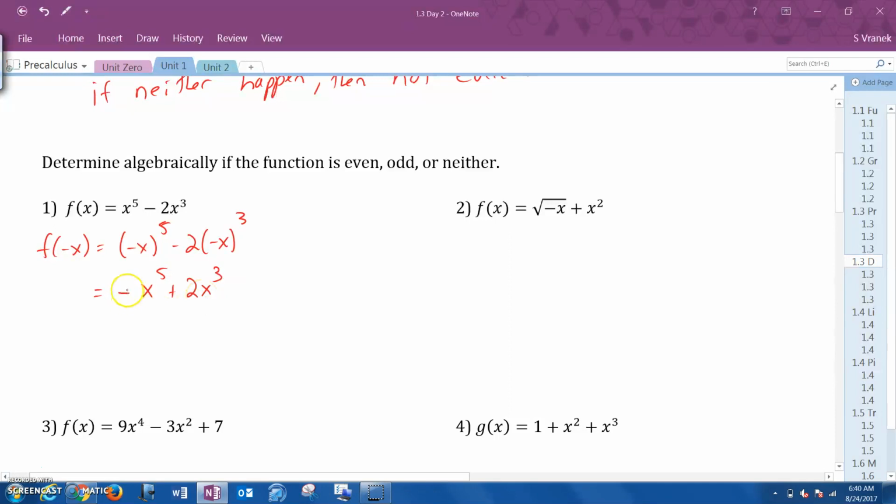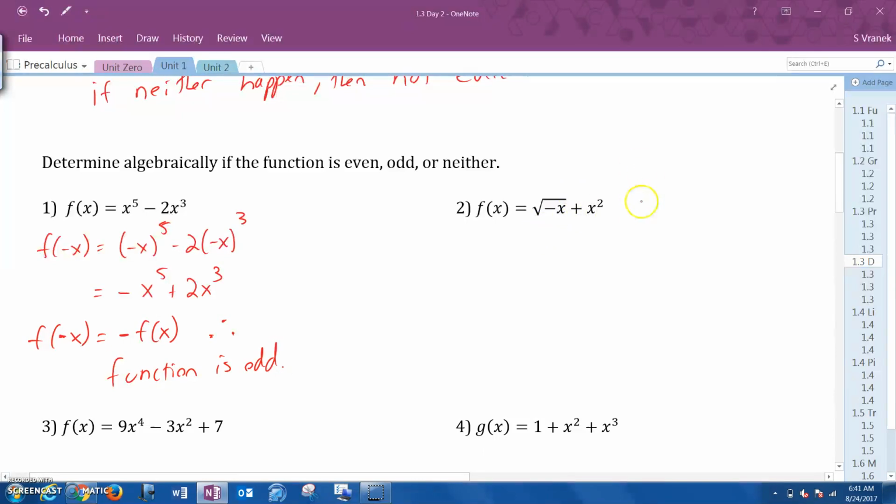And if you compare it to the original, you should notice that the x to the 5th changed signs and the 2x cubed changed signs, which means that when we put this in, we ended up with everything changing signs, which means that, therefore, that's what those 3 dots mean, the function is odd. Because both of them change signs.